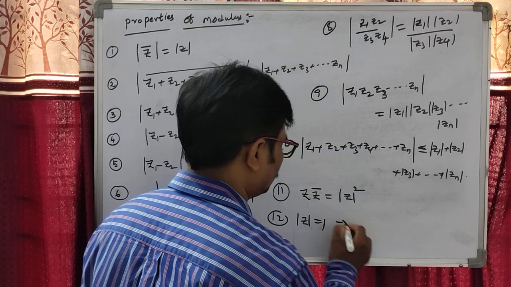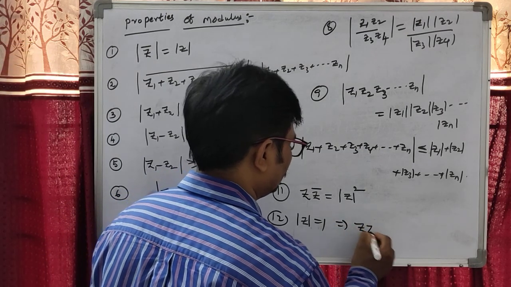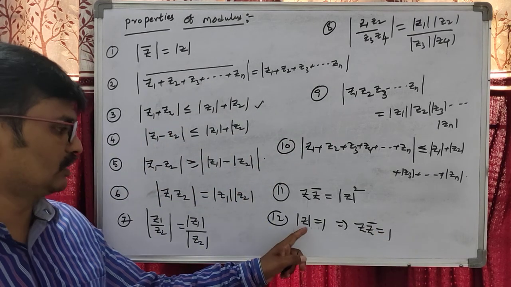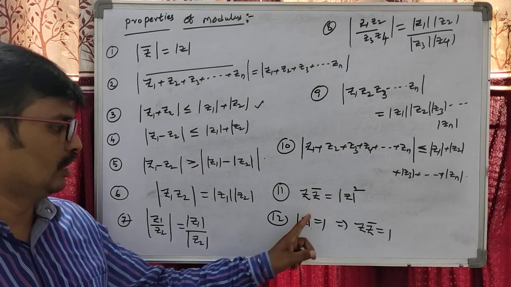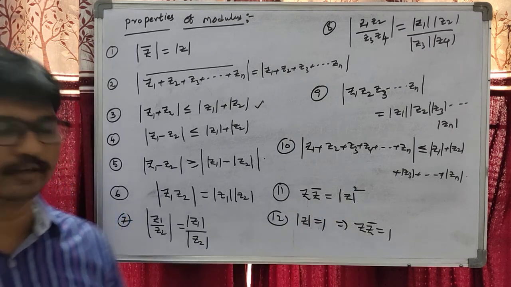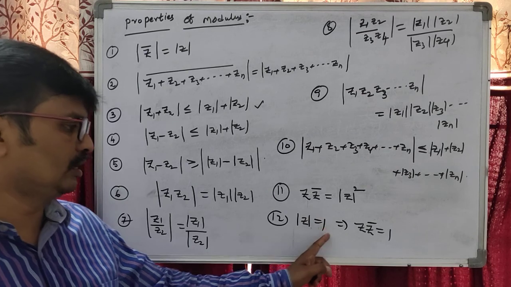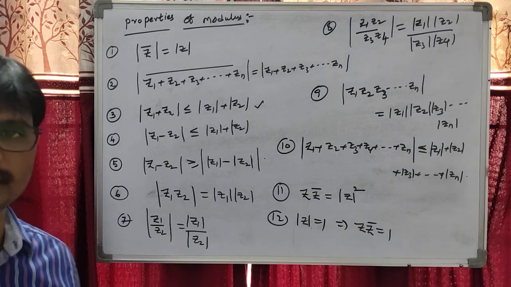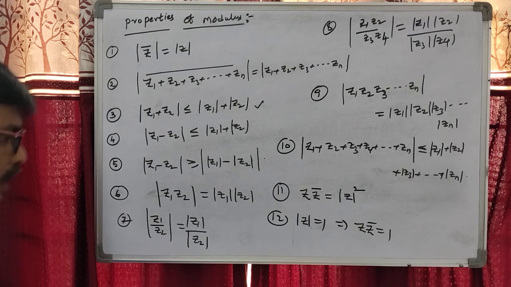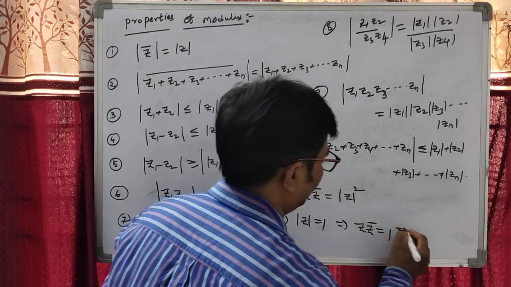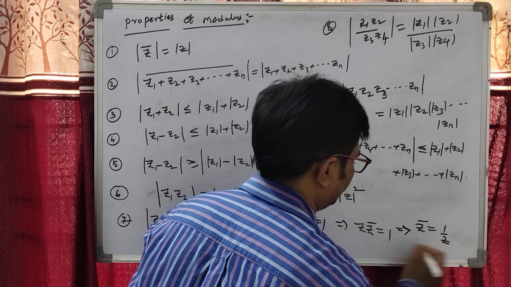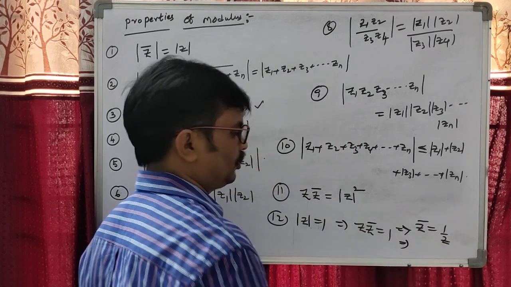This is also written as z z bar = 1. Why? Because when we square both sides, |z|² = 1, and |z|² is z z bar. When |z| is 1, undoubtedly z z bar is also 1. After that, we can write z bar = 1/z.